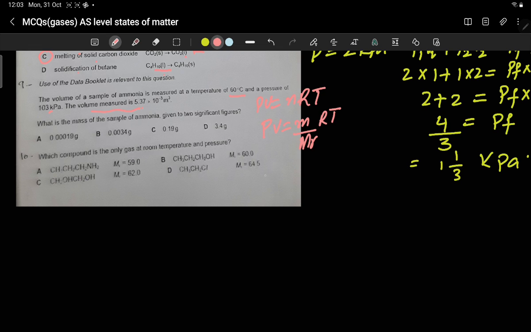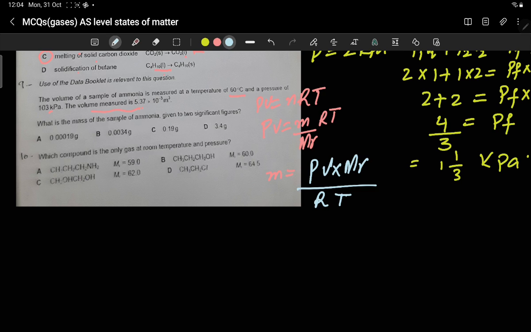So the mass is equal to PV times Mr over RT.